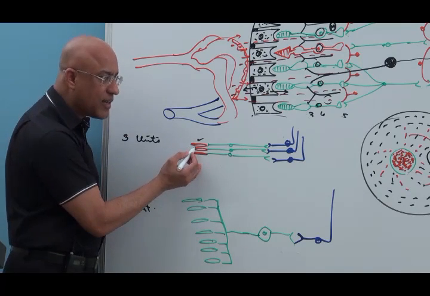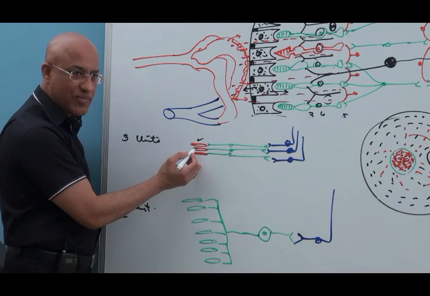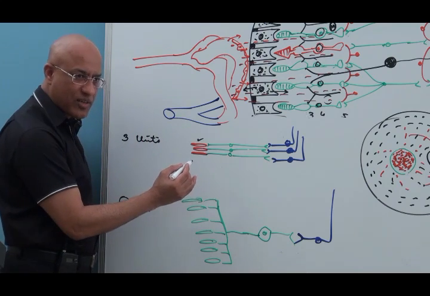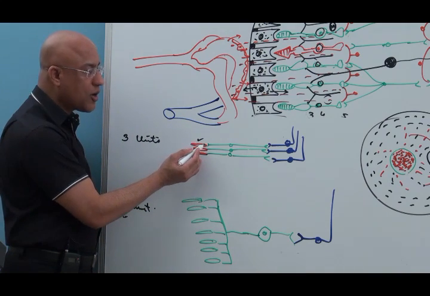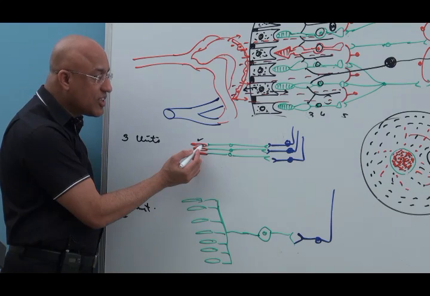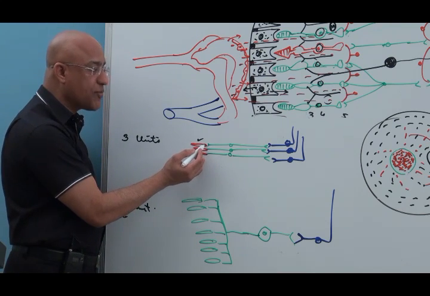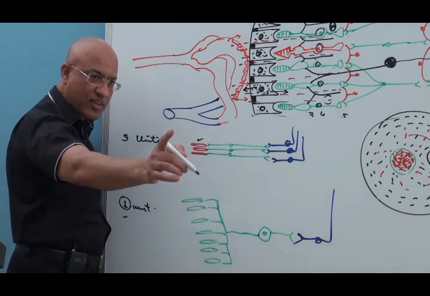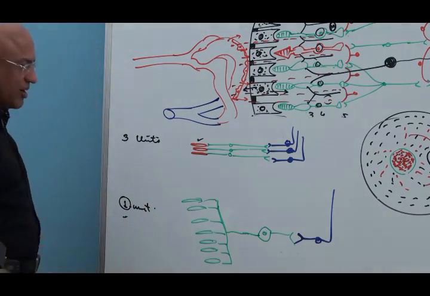So when the room is darkened, such low illumination fails to activate a single cone, and a single cone does not produce enough current to activate the bipolar cell. Am I clear? Now we come to the rod.